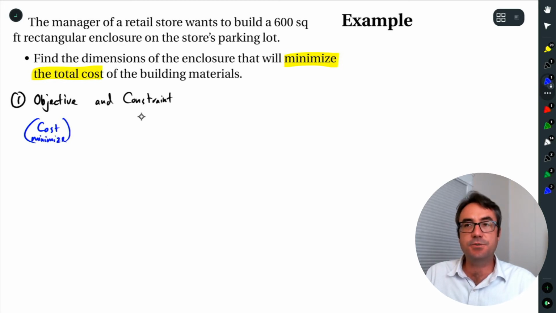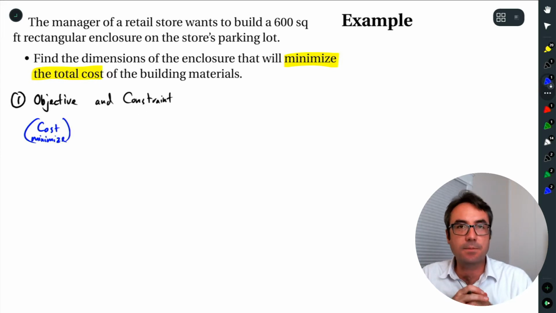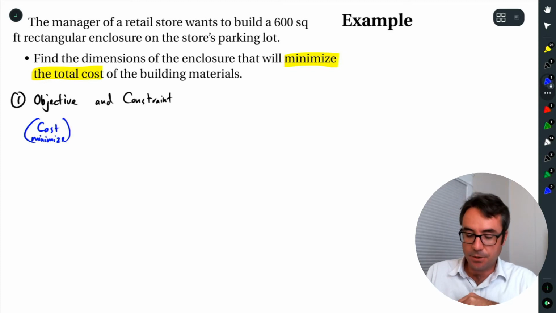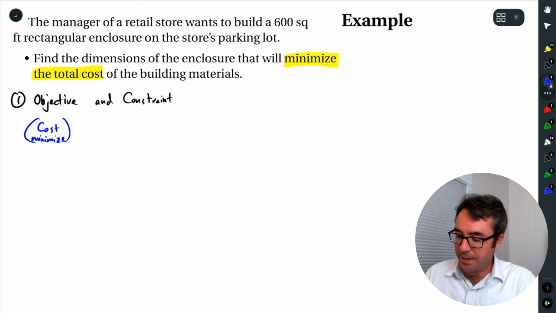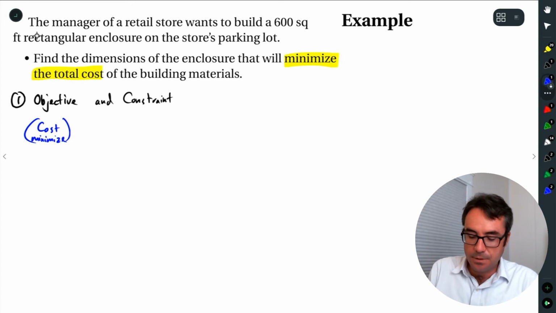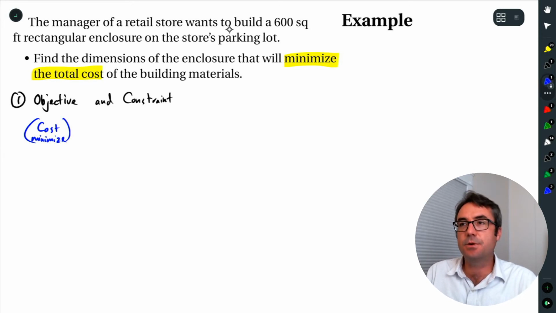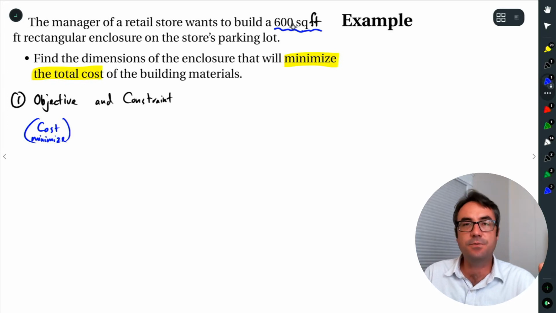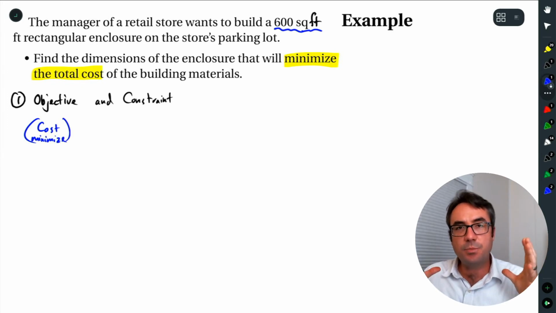And then our constraint, this is something else, somewhere else in our wording here that puts some restriction on our variables. And usually it involves some constant. If we're reading through, we're a manager of a retail store, we want to build a 600 square foot rectangular enclosure. This 600 square foot is putting some restriction.